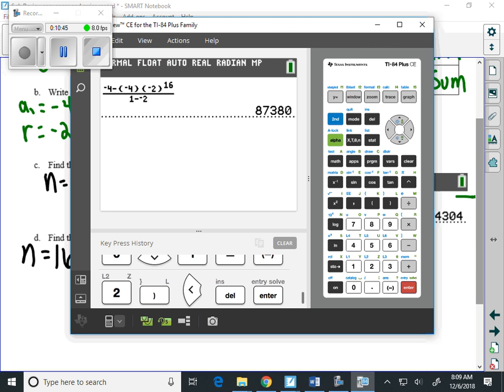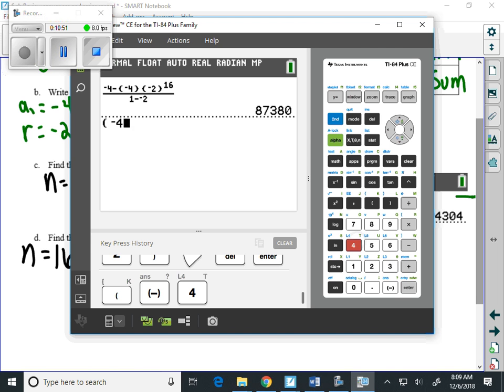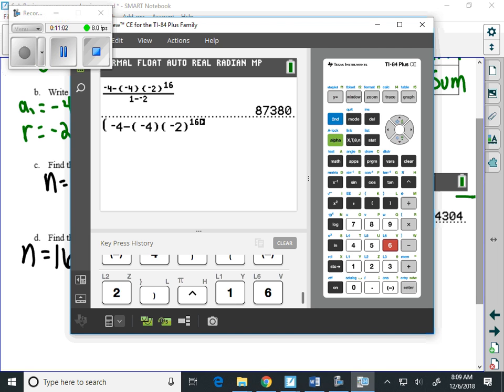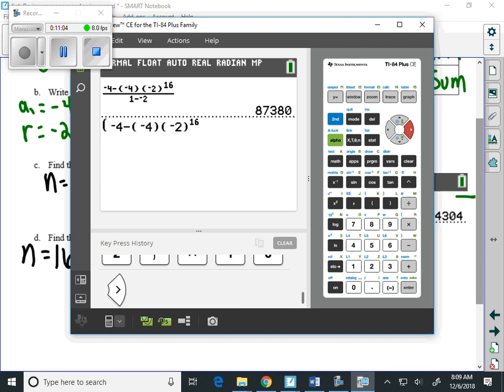If you do not have a fraction button on here, it's going to be parentheses, -4 minus parentheses, -4 parentheses, close the parentheses, times -2, close the parentheses, to the 16th, arrow down, parentheses. Don't forget that parentheses.